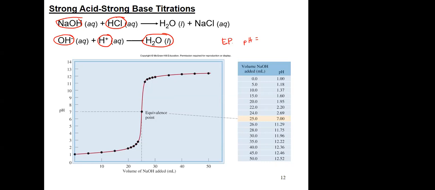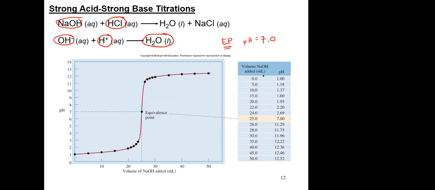So the pH is neutral, right? As you can see there, strong acid and strong base will give you a pH equal to 7 at the equivalence point.